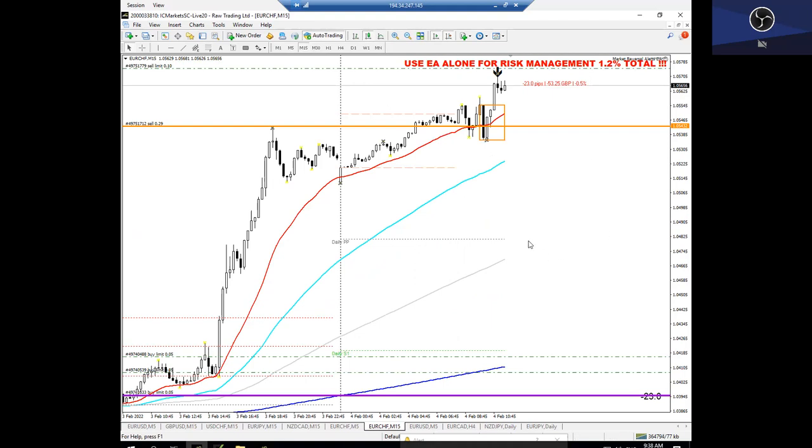So I do my analysis, like if I show you, let's say Euro Swiss right here. So this is Euro Swiss I'm looking at, and Euro Swiss is in a sell zone, right? At this zone here, I don't see it pushing any further up that zone.